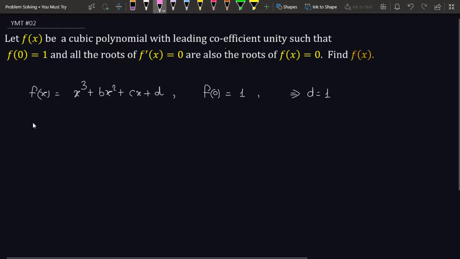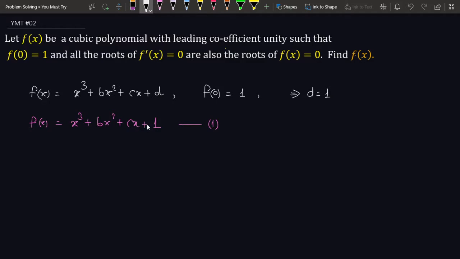So this function is modified to x cubed plus bx squared plus cx plus 1. Now the other information is that f'(x) = 0 is an equation whose roots are also the roots of this equation here.